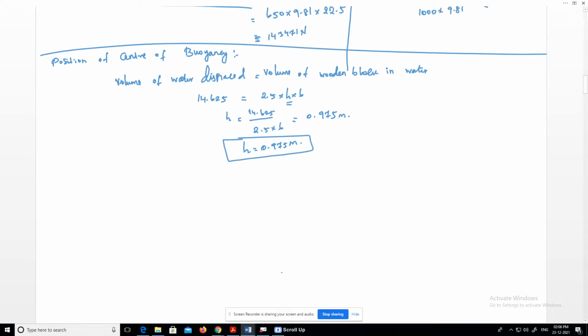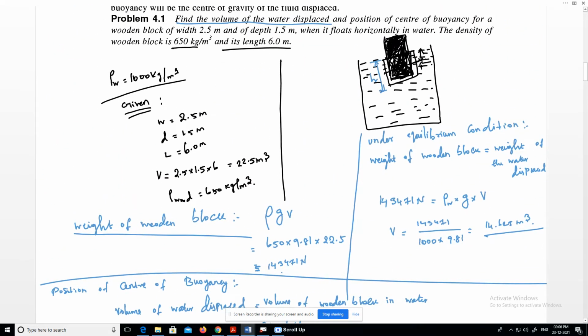Okay, this h value is 0.975, the total depth immersed in water of the wooden plank, right? So the center of buoyancy will be located at the centroid of the displaced liquid. By half of the distance, the centroid will be located. So we have to calculate the center of buoyancy as half of the height of the submerged body.